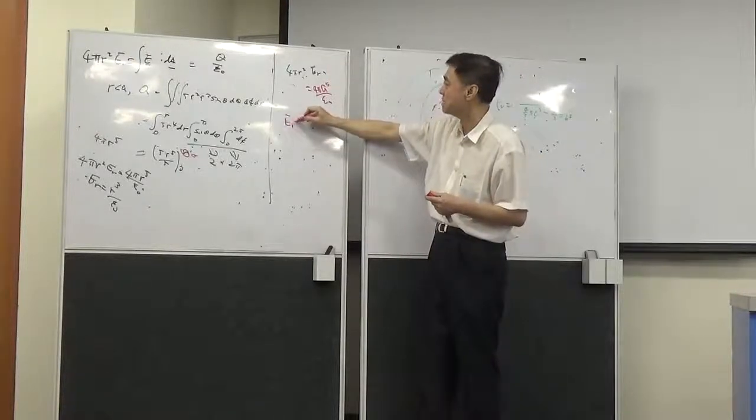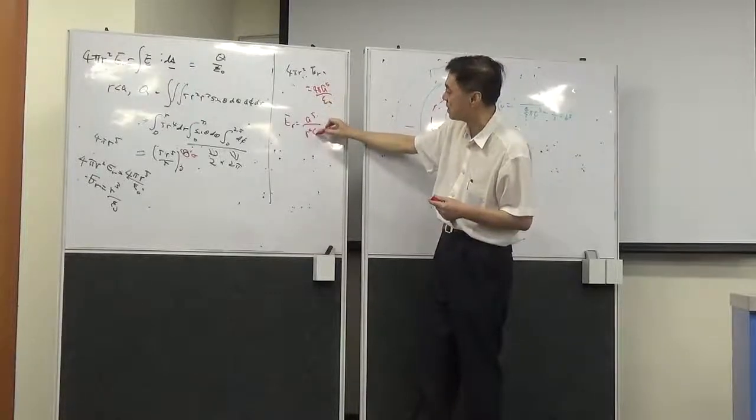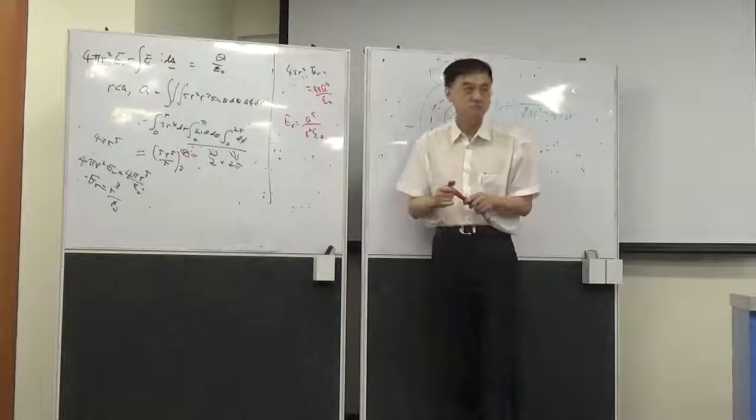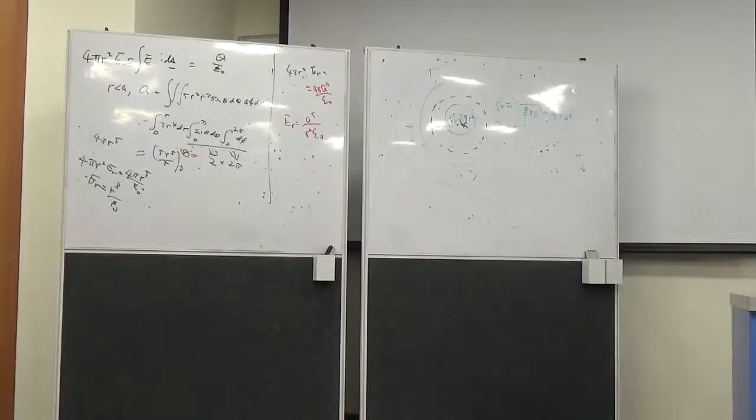So ER is equal to A to the power of 5 over R squared epsilon naught. Right? Because when you draw a Gaussian surface here, you enclose all the charge inside here.